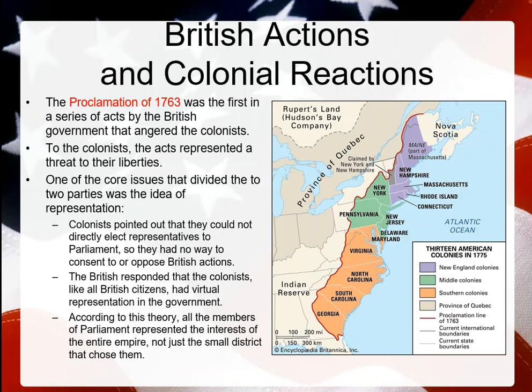All right. So last we talked, right at the end we learned about the Proclamation of 1763, and that's the proclamation that basically told the colonists that although you guys won the war, the 7 Years' War, the French and Indian War, you can't move past the Appalachian Mountains, which pretty much is this line in the picture here.